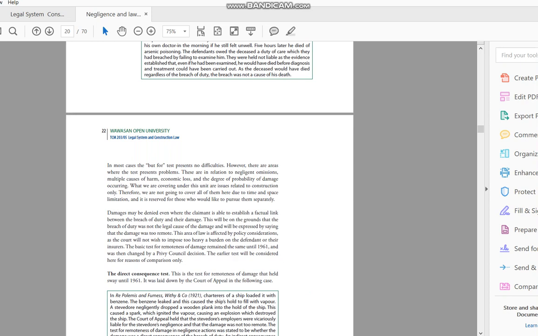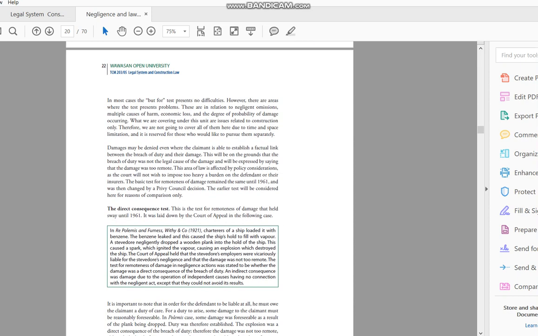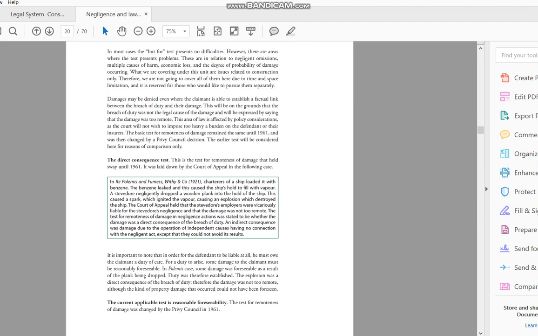Then related to the remoteness of the case is, again, the relationship between the defendant and the claimant. So usually we will apply reasonable foreseeability. The damage must reasonably be foreseeable.